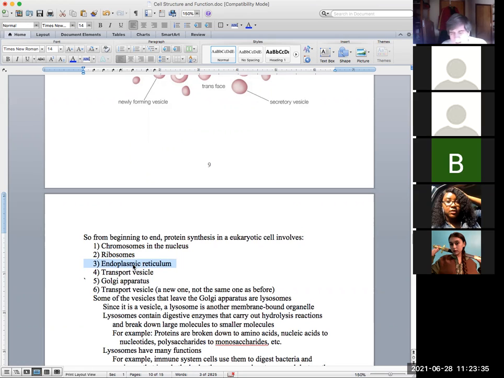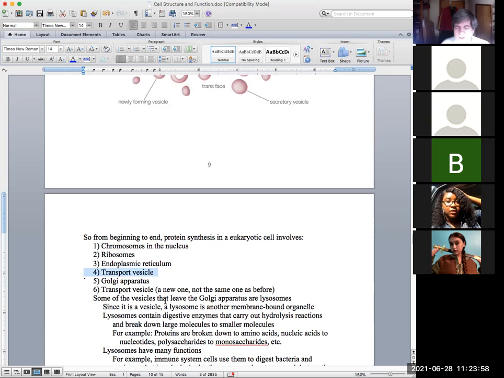Sometimes they don't go in the ER if they're very close to where they're going to end up. Then a transport vesicle carries the protein from the endoplasmic reticulum to the Golgi apparatus. Then a transport vesicle or a secretory vesicle carries the protein to its new location.